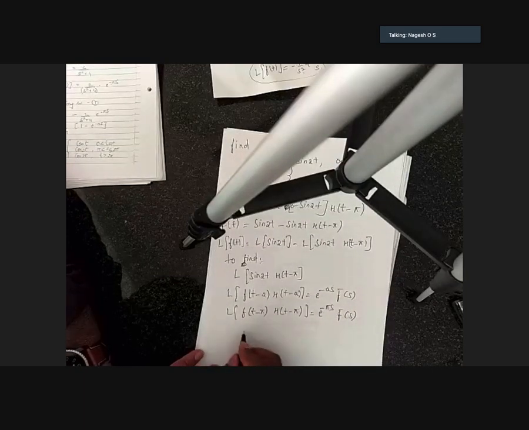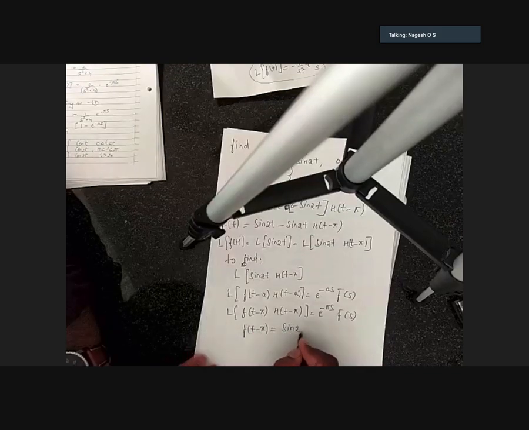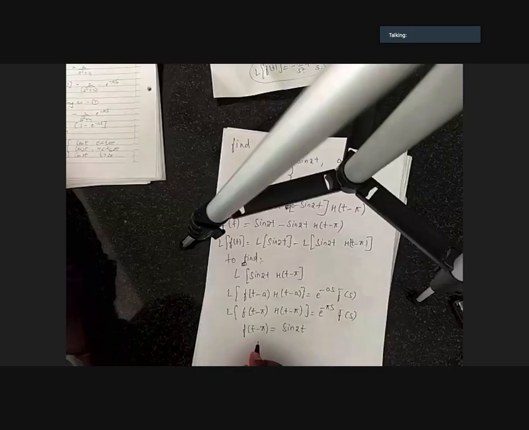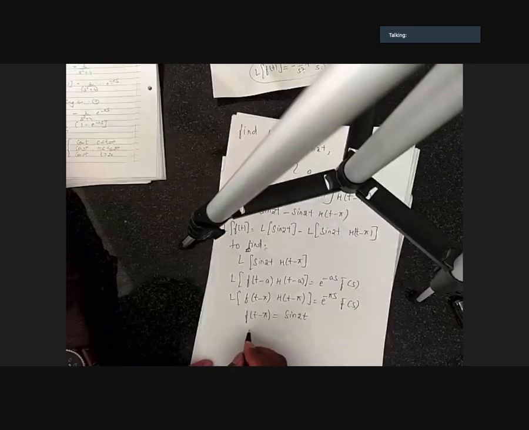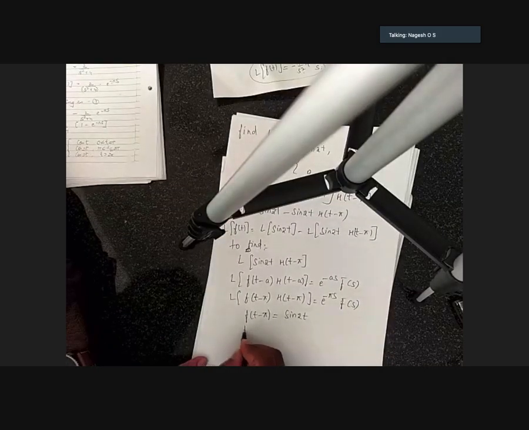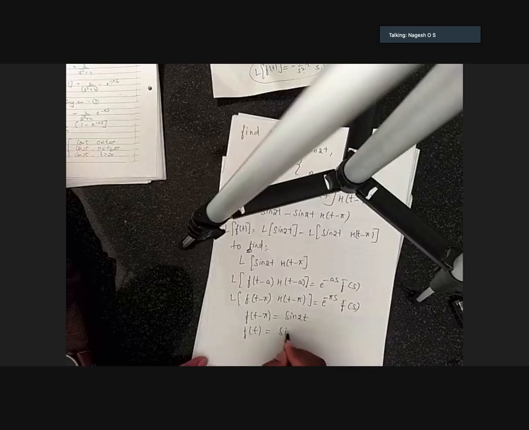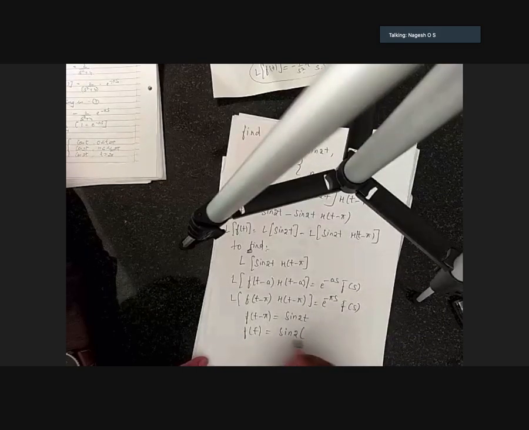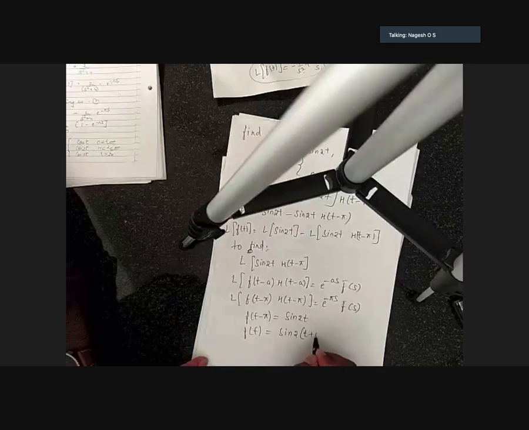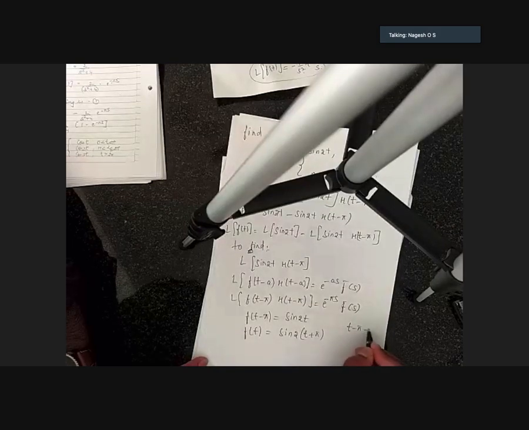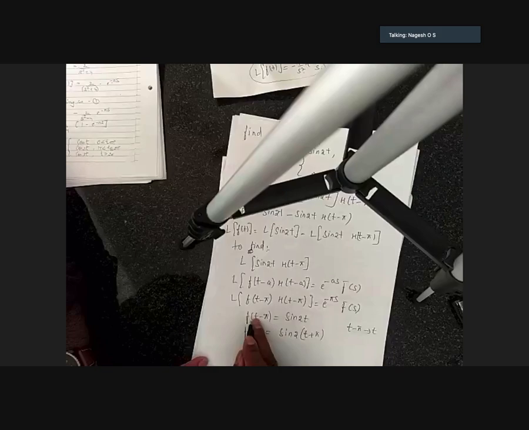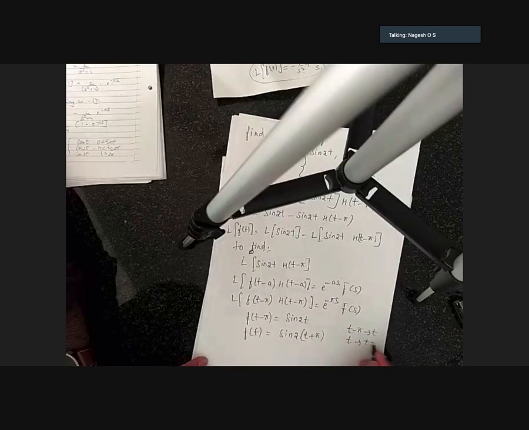Compare this with sin 2t. F of t minus pi is equal to sin 2t. Then f of t is equal to sin 2 into t plus pi. T minus pi is nothing but t. When we have t minus pi, here t. When we have t, t plus pi.